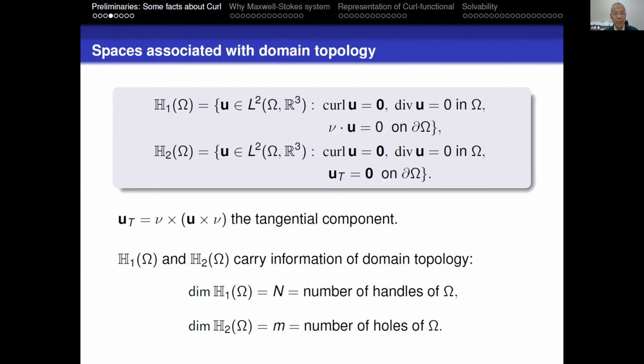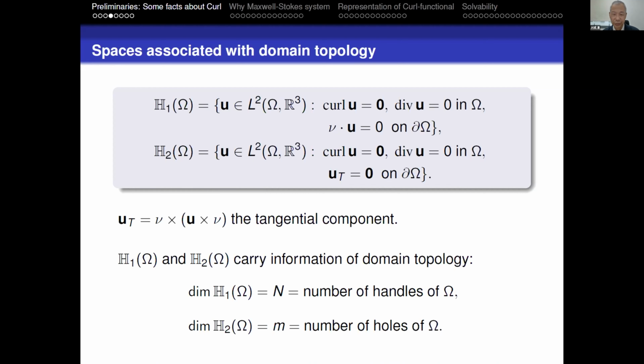So associated with the domain topology, there are 2 spaces of finite dimension. The first is H1, which consists of vector fields with curl of U equals 0 and divergence of U equals 0 in omega, and the normal component equals 0 on the boundary. Any vector field in this space is called a Neumann field.